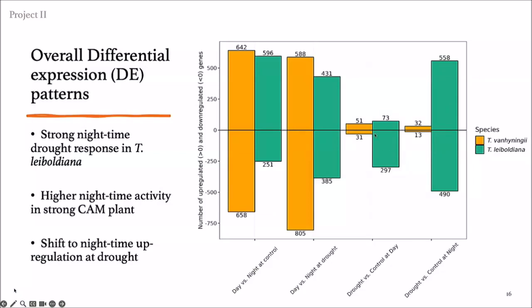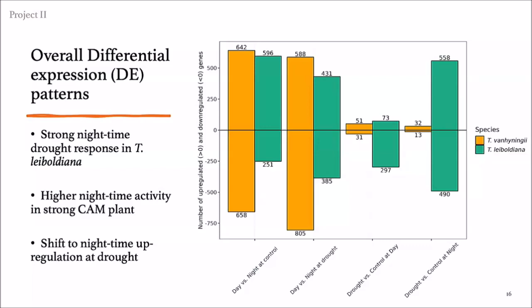And the first really obvious thing that pops out is that in drought conditions, our strong CAM plant is barely reacting. It has very few differentially expressed genes. On the other hand, our weak CAM, C3-like plant is actually doing a very strong reaction, especially at night. So that's a big difference, and I think it shows that they have very different phenotypes and different degrees of adaptation to drought.